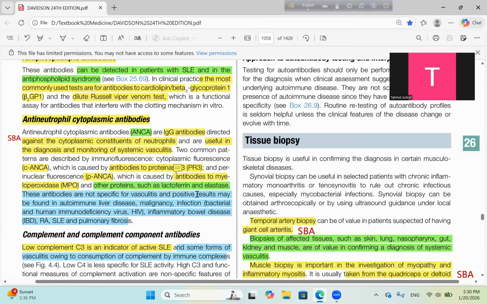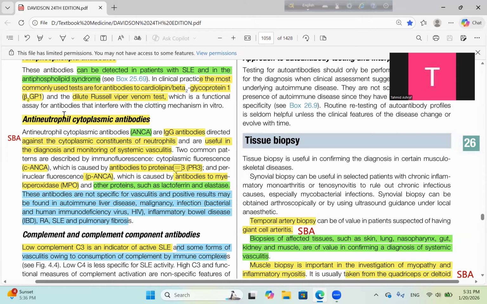So C-ANCA was anti-proteinase 3, and P-ANCA examples are anti-myeloperoxidase, anti-lactoferrin, and anti-elastase. Okay, these antibodies are not specific for vasculitis.